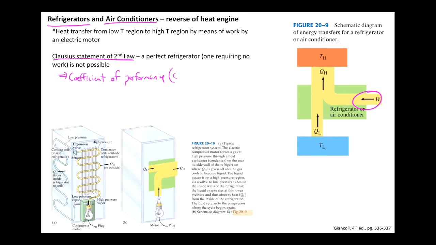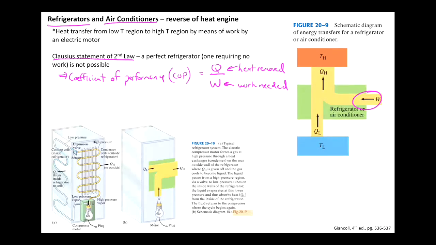And this is essentially an efficiency for a refrigerator or air conditioner or a reverse heat engine. And this is equal to Q, which is the amount of heat removed, over W, the work that's needed.